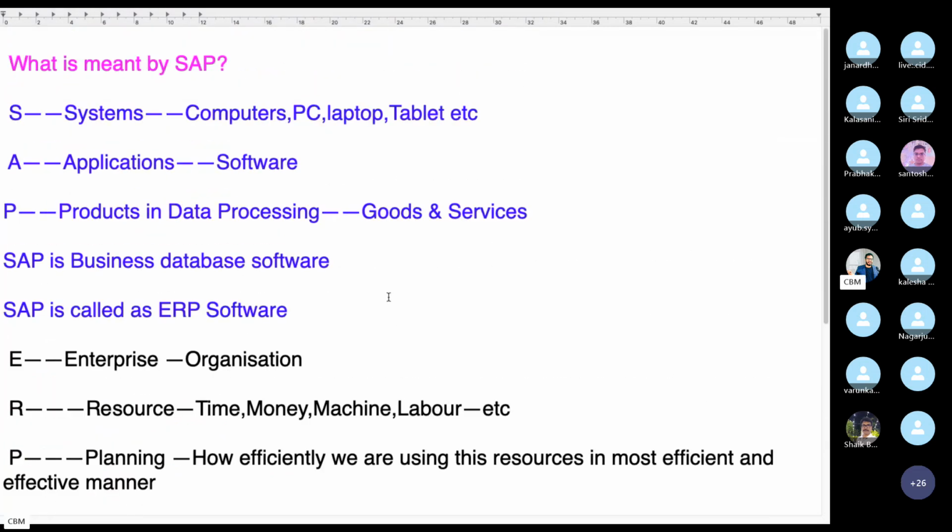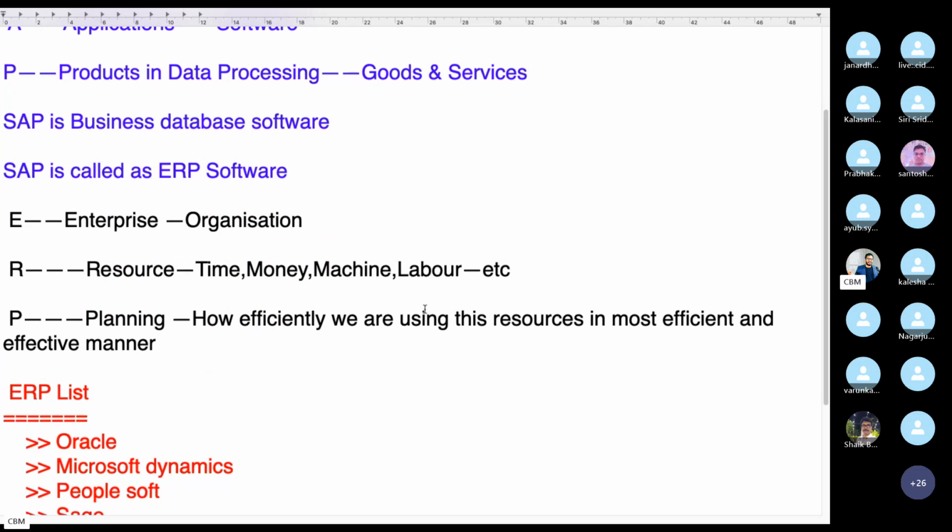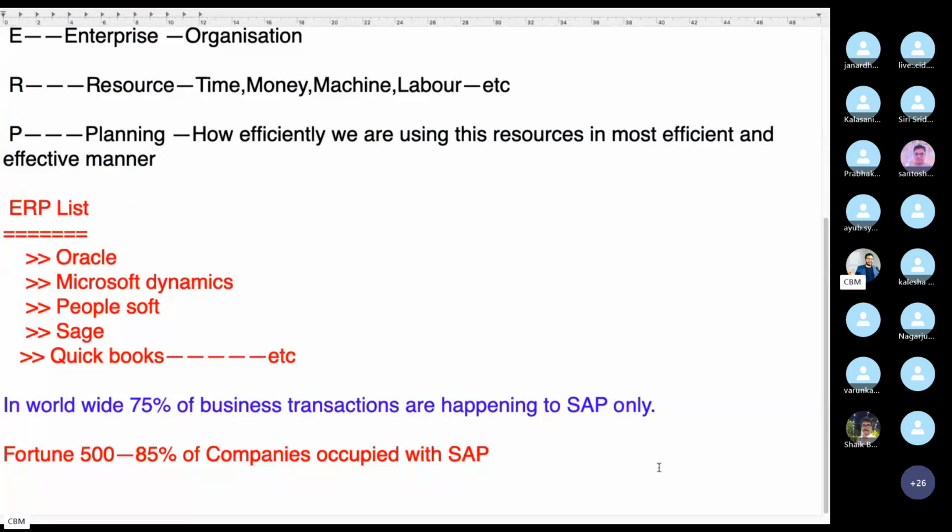This is a completely German-based software company, and it was founded by 5 IBM employees.